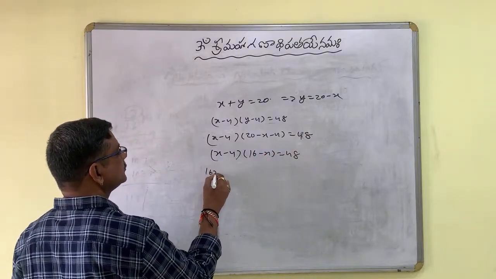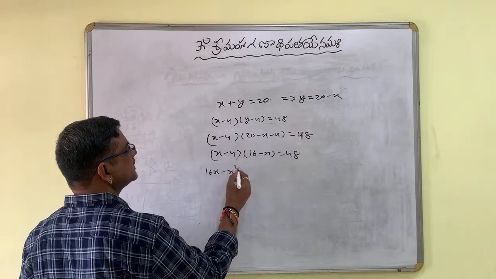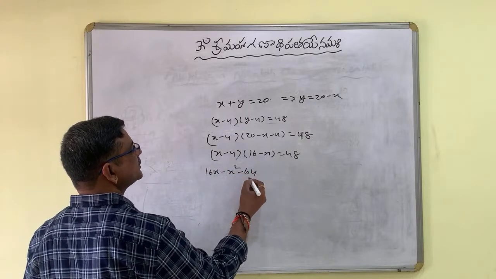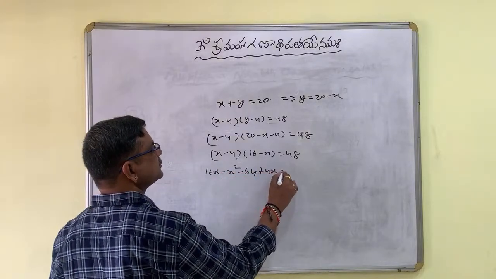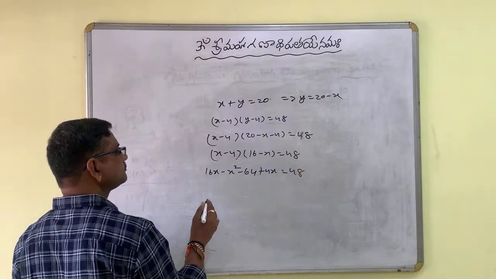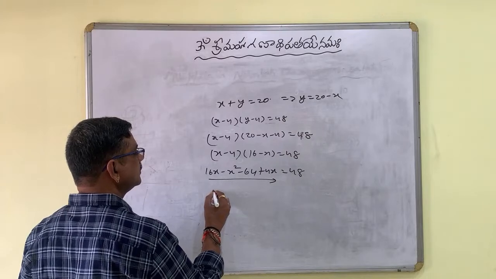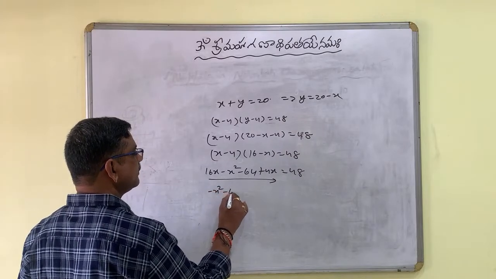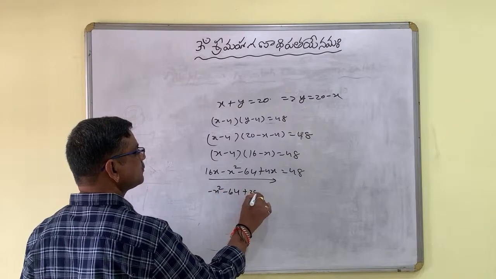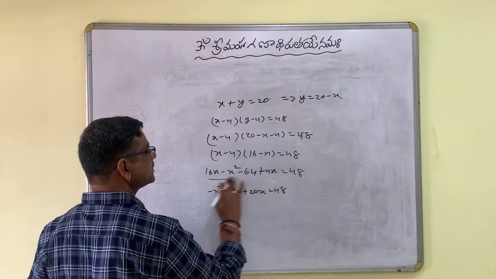Multiply: 16x minus x square minus 64 plus 4x is equal to 48. Send all these terms to that side. Minus x square minus 64 plus 20x is equal to 48.